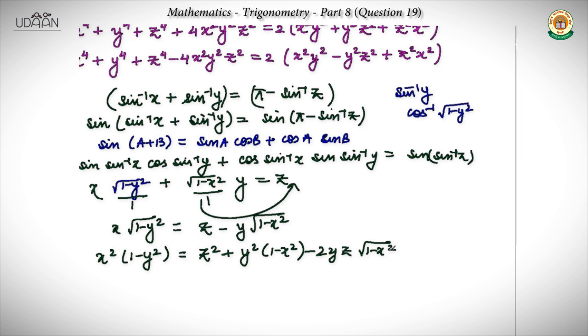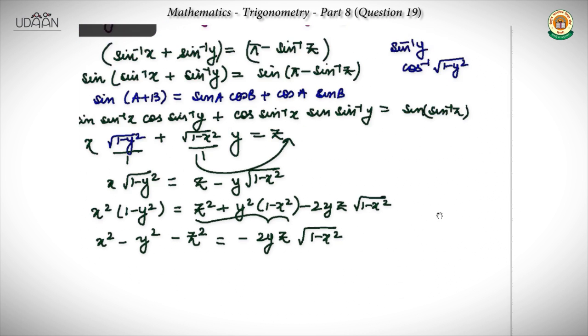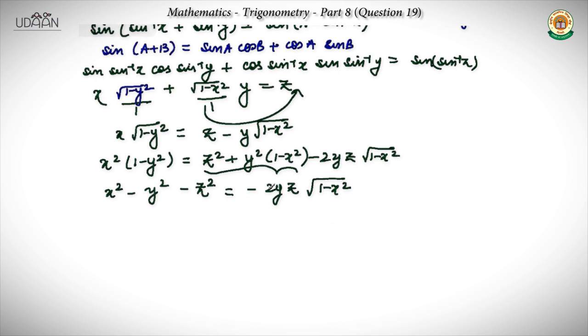Now let me take these terms this side. So I'll get x square minus y square minus z square is equals to minus of 2yz under root of 1 minus x square, correct? Okay. Because these terms get cancelled, x square y square and x square y square. Okay.